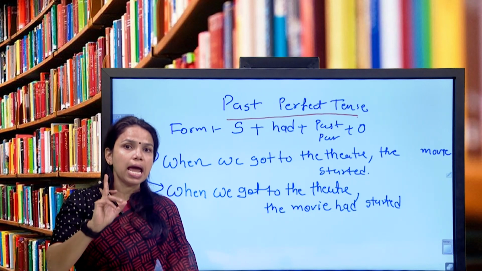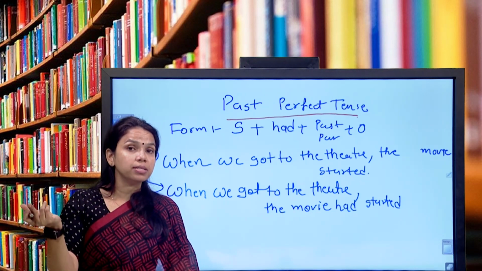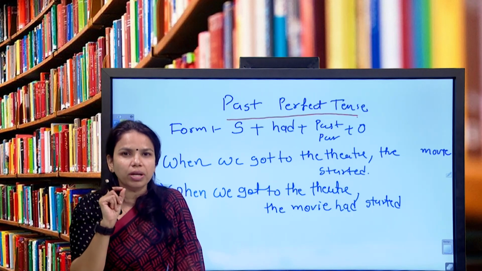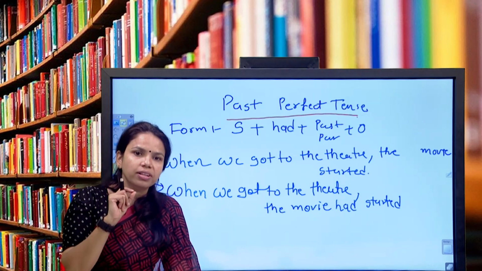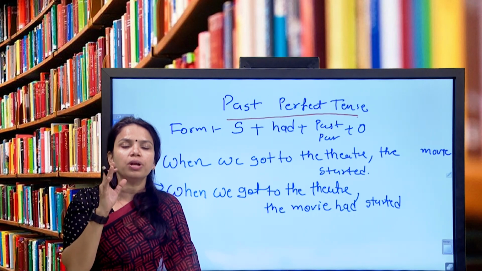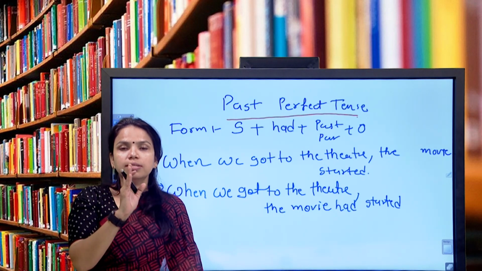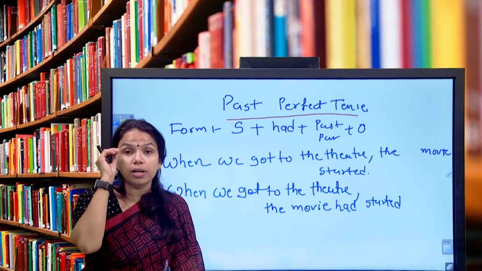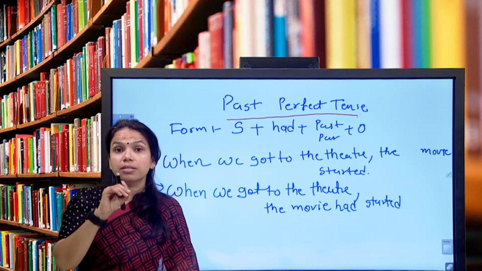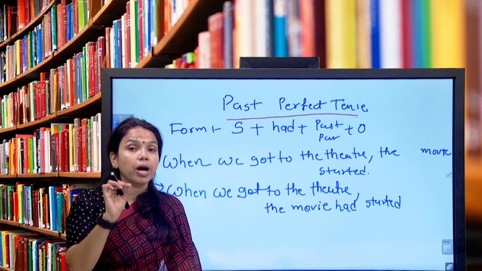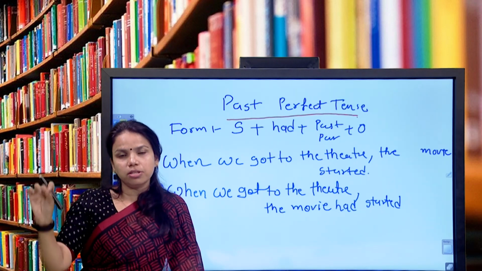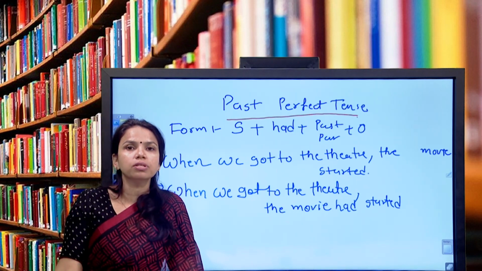Subject, had, plus past participle and object. Now, there is one very good thing: in the past perfect tense, you don't have to worry about whether it is a third person singular or not. In the present perfect tense, you have to be very clear in your mind that if the subject is a third person singular, you have to use has. With the other subjects, you have to use have.